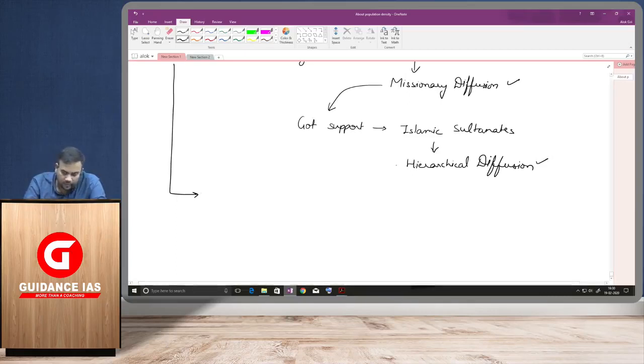Okay? So, for example, as you move away from the main center of the Sultanate, Delhi, what happens? The concentration of Muslim population is declining.